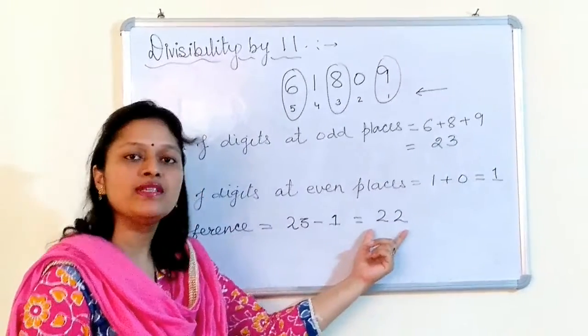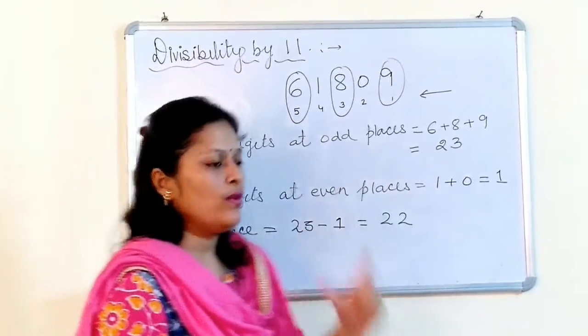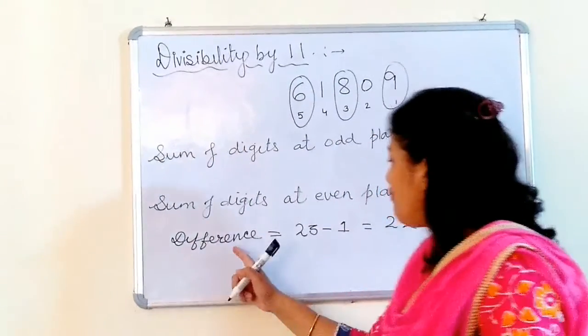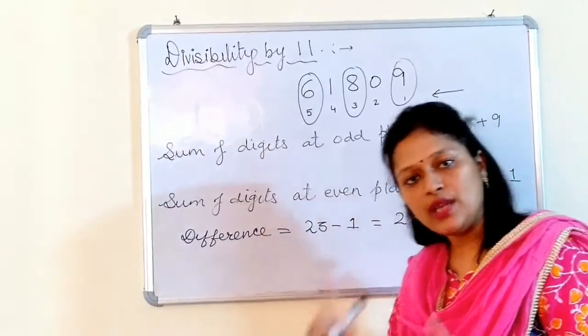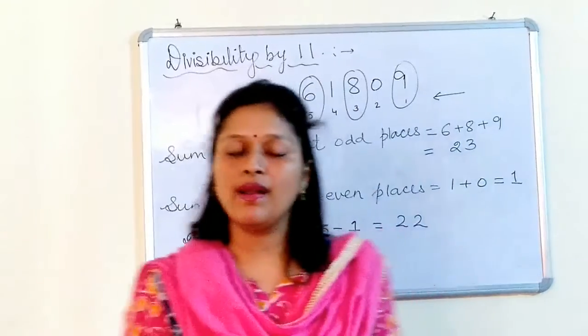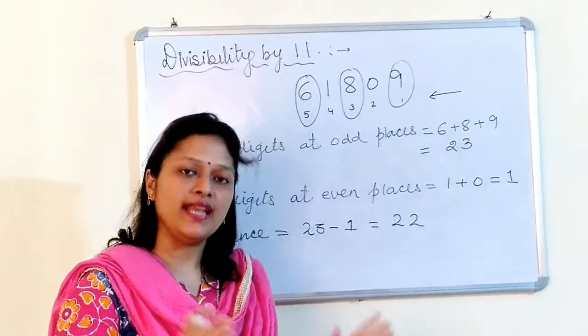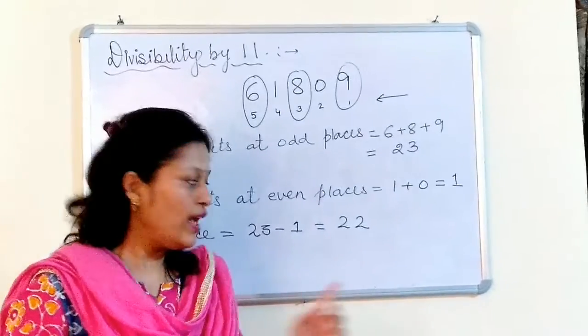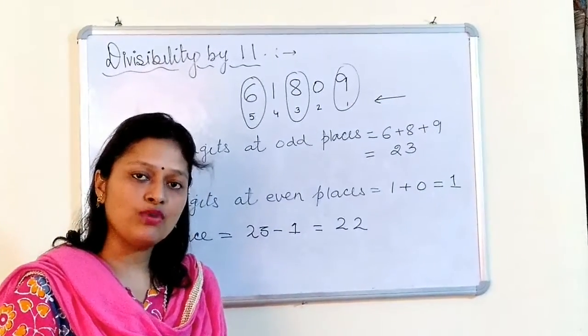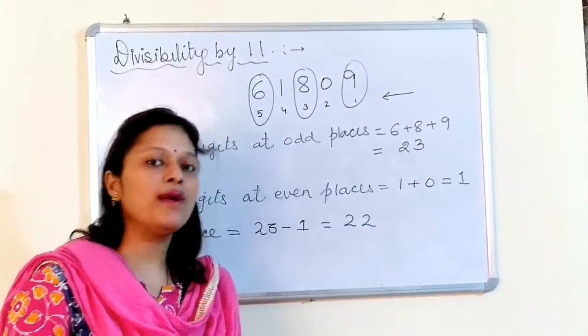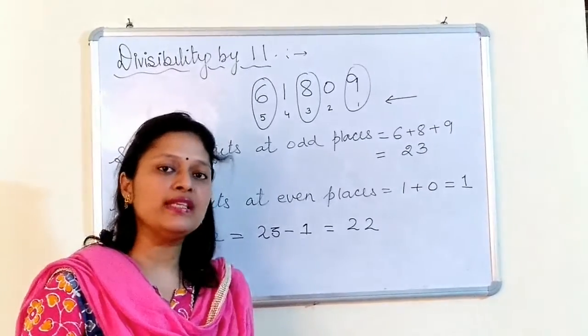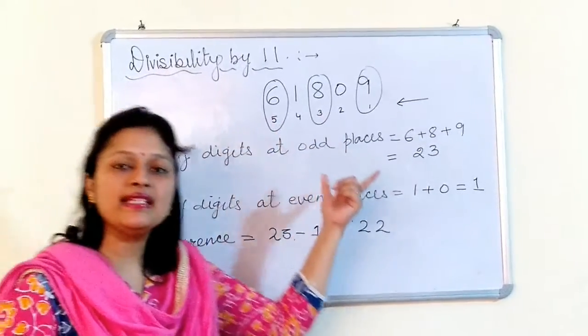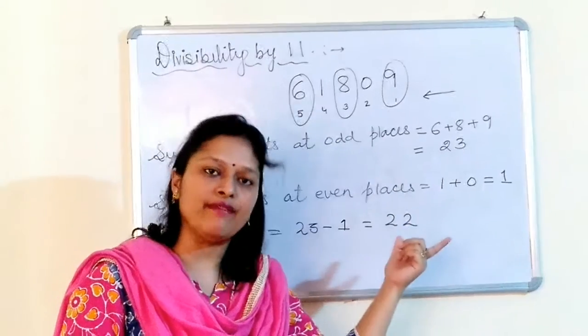The difference comes out to be 22. Now, if the difference comes out to be 0 or a multiple of 11, that means 11, 22, 33, etc., then you can say the given number is divisible by 11.